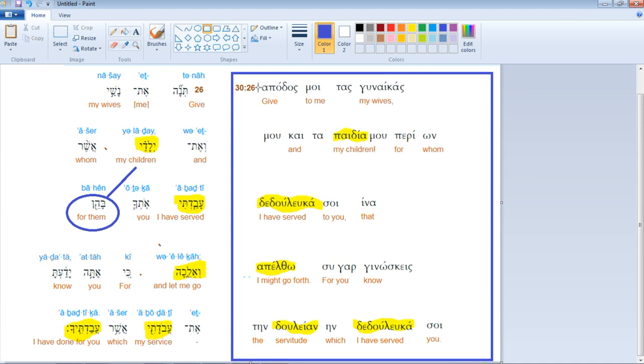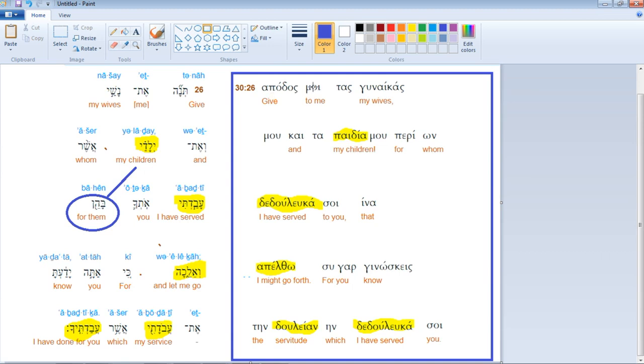The apodos, the podos. This is your kids here. The podos, my kids, moi, podos moi, my kids. To wives moi, to my wives give to paidia, the servant, paidia. Not slave, but slave for $1 of my paidia.